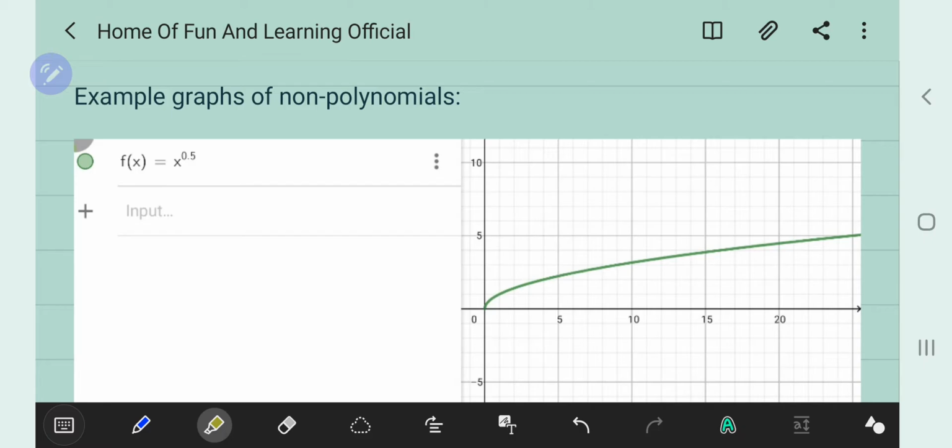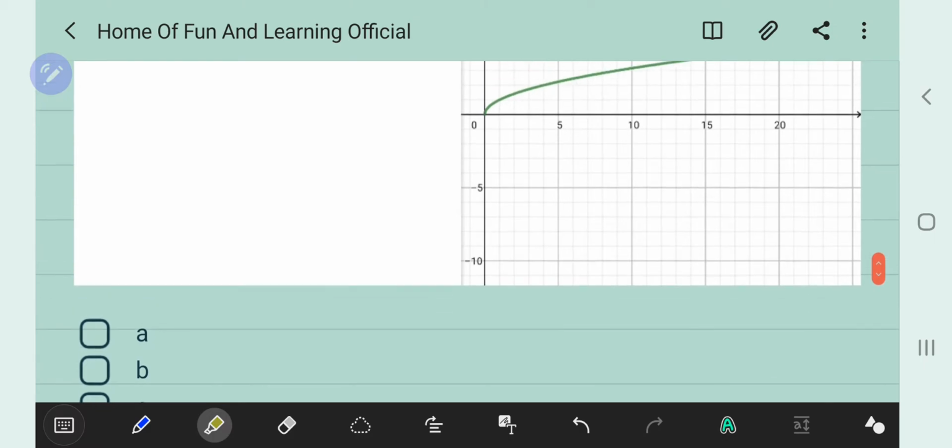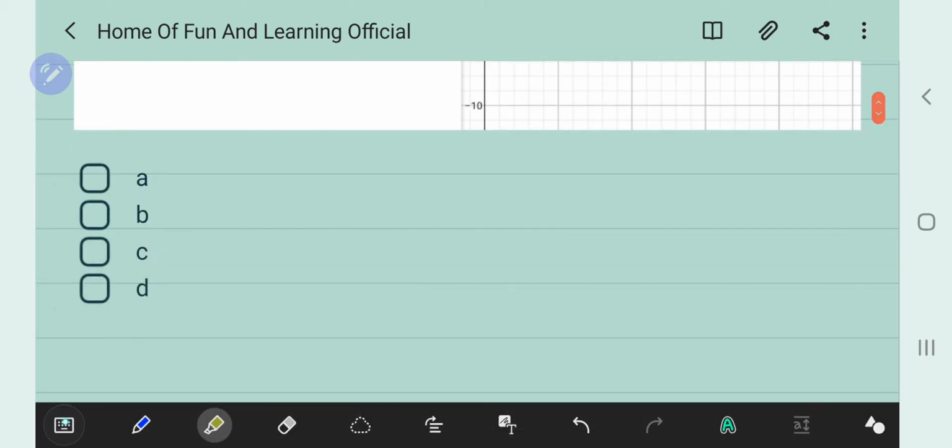Okay, so the first rule is that it should have a minimum of two terms, right? So it has a minimum of two terms if you look at that.